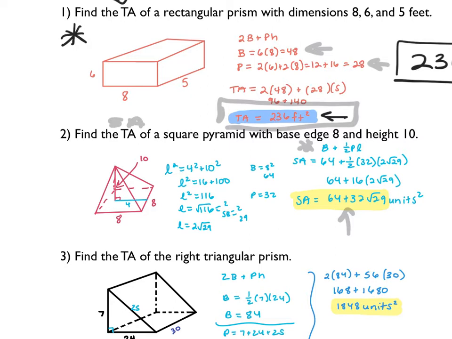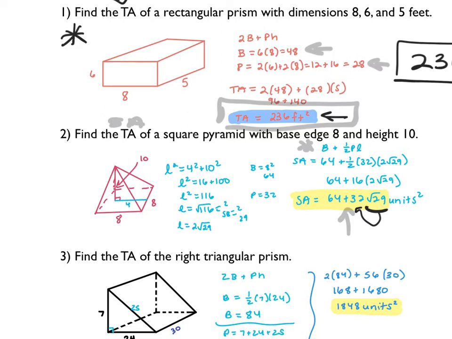However, if the question said round to the 10th place, then you would have actually figured out what the square root of 29 was, multiply that to the 32 and then add 64. So just read the instructions on how I want the answers left.